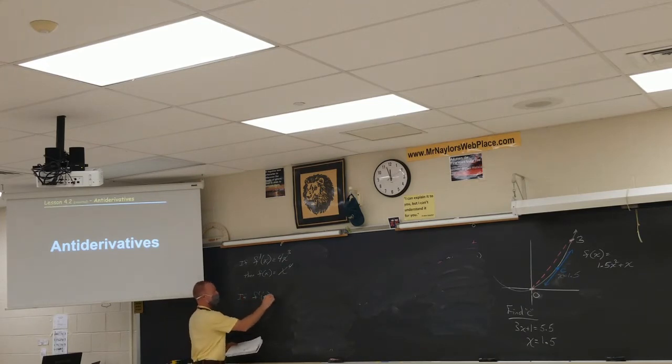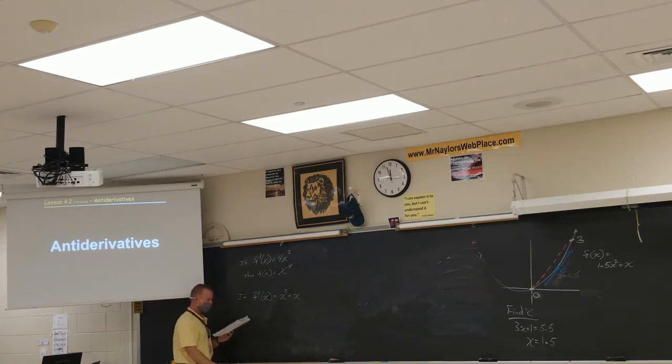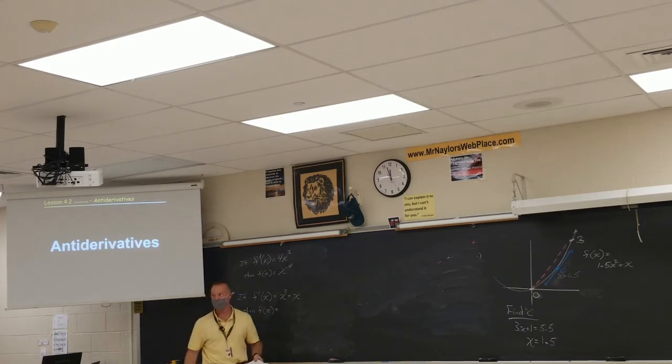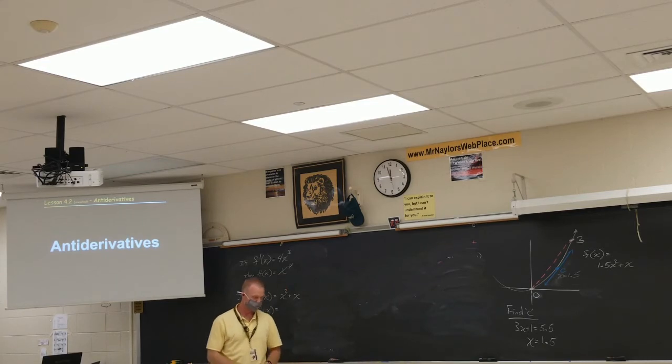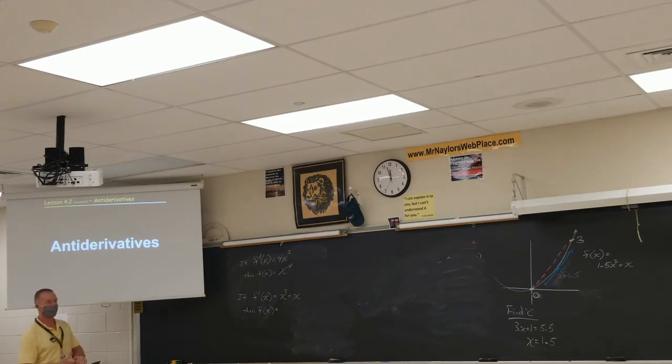How about if the derivative is x squared plus x? Then, where did that come from? The derivative is x squared plus x, so the original function... I got a little trickier on you here, didn't I?